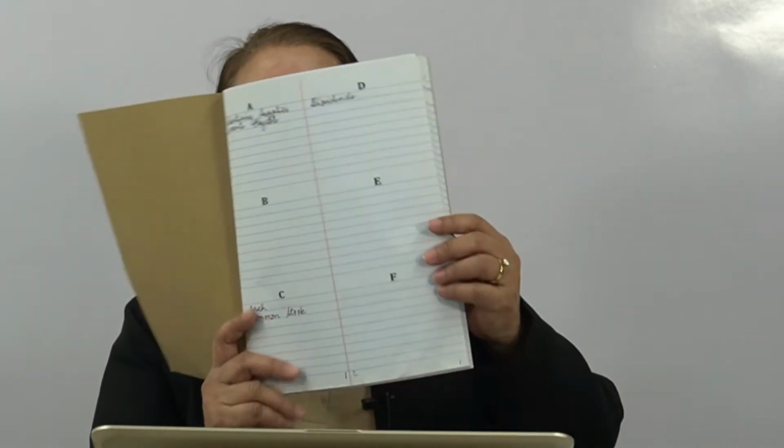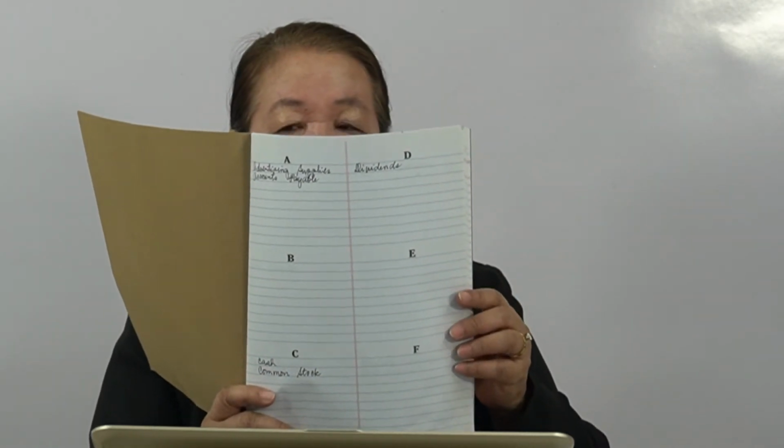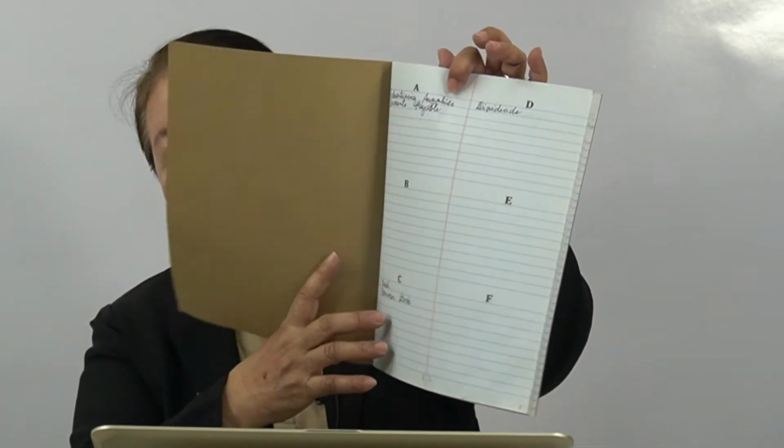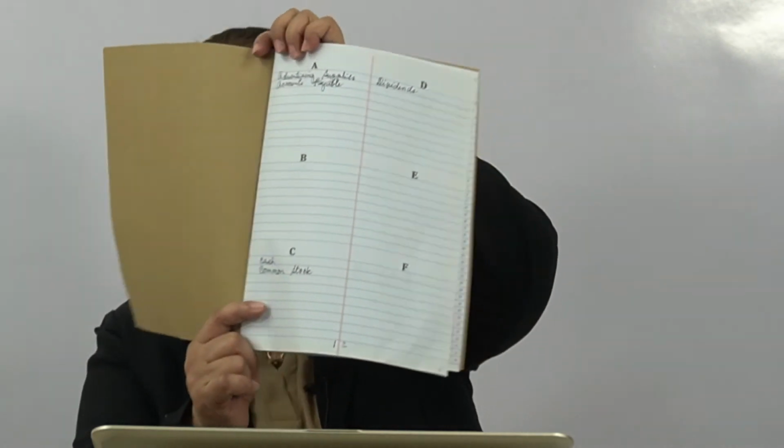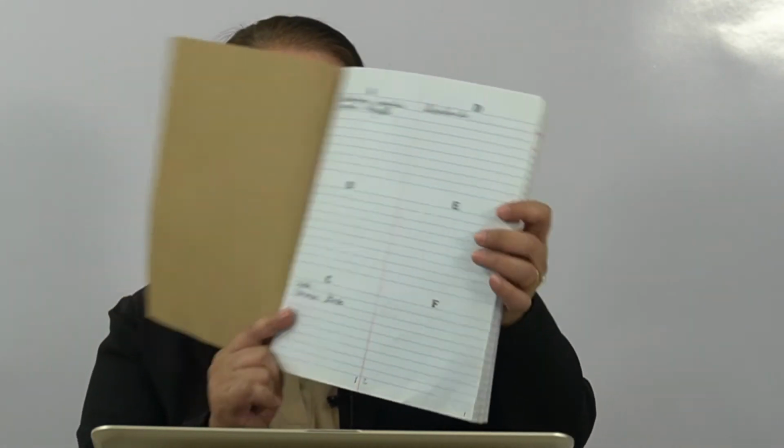So, para mayroon tayong guide, yung nakalagay dito ng mga A, B, C, nilagyan ko na ng mga account name, no? So, sa letter A, nandiyan na yung advertising supplies, accounts payable. Sa D, nandiyan na yung dividends. Sa C, nandun na yung cash at saka common stock, no? So, yun po yung example natin.